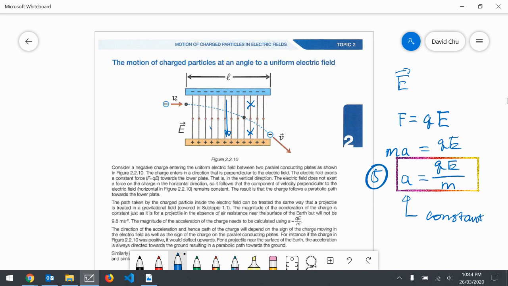And since it's a uniform field, it's kind of like the gravitational field being near constant near the surface. I think that's a pretty cool fact.